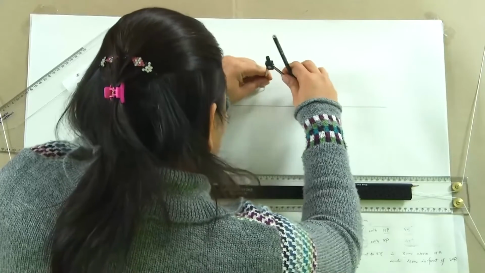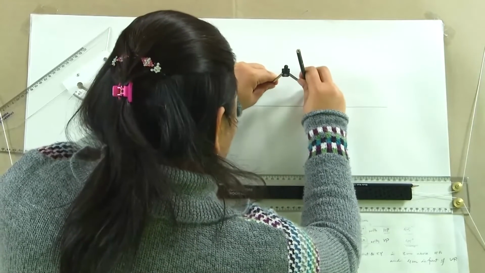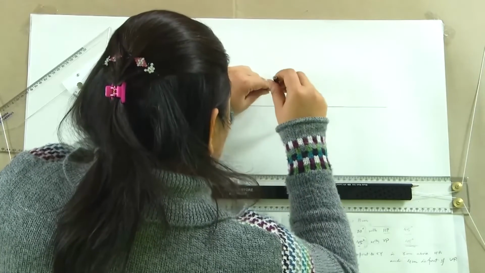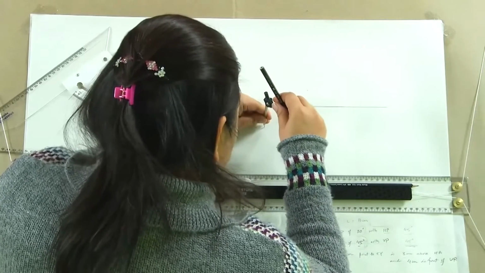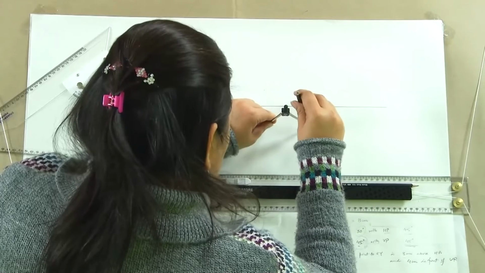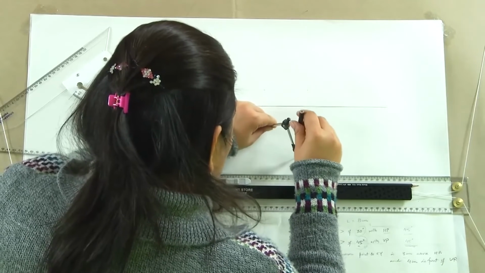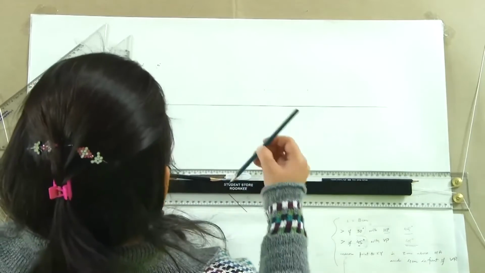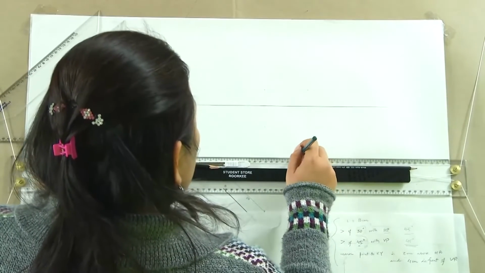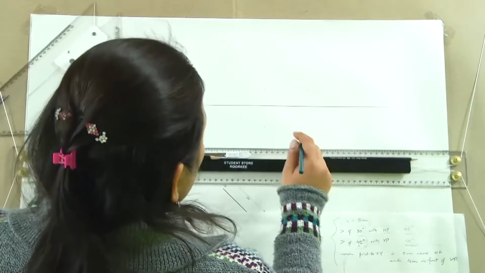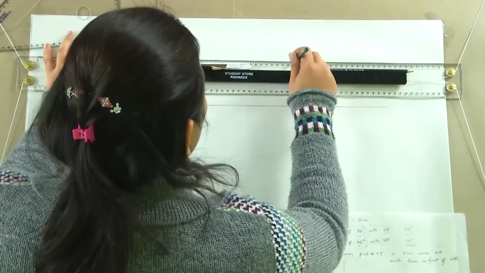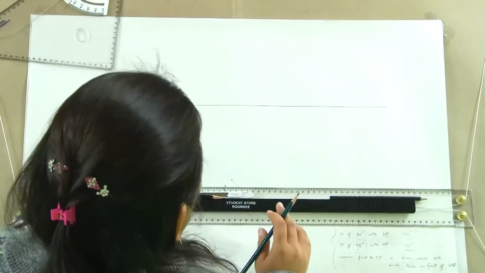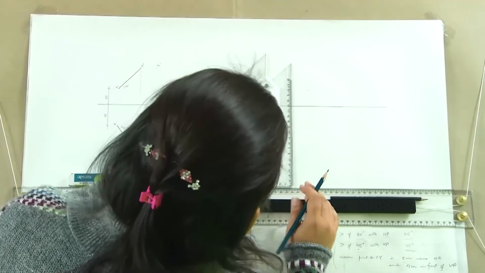Then we mark the length of 8 centimeters along this inclined line at 45 degrees, and then we will draw the locus of this point in each of the planes. That is how this is going to be, and then we will take the projections.